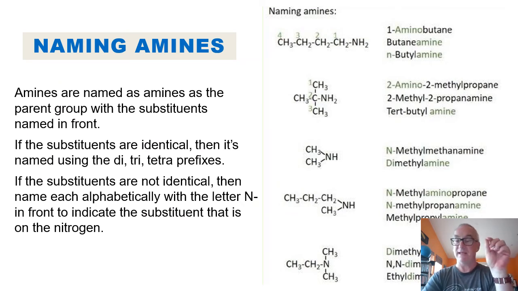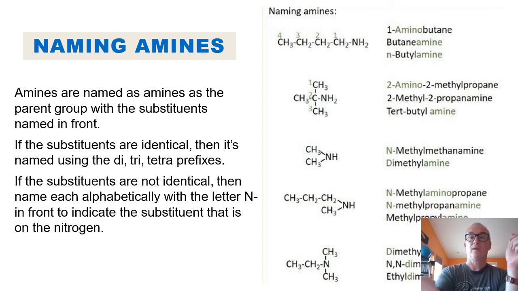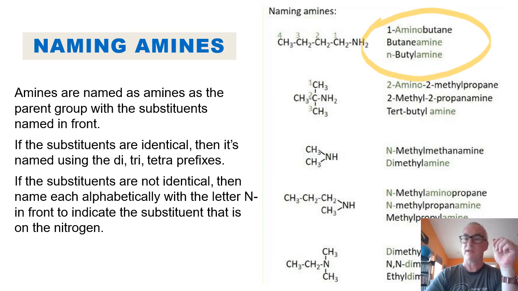Now when you're naming amines, it's very similar to naming the amides. So we find the longest chain. That's going to give it the parent name. So we have 1, 2, 3, 4 in this first example. We have 4, so butane. There's a number of different names we can give this. I know this part is confusing. There's the proper scientific name, and then there's the more common name. So with butane, generally the scientific name would be butanamine.